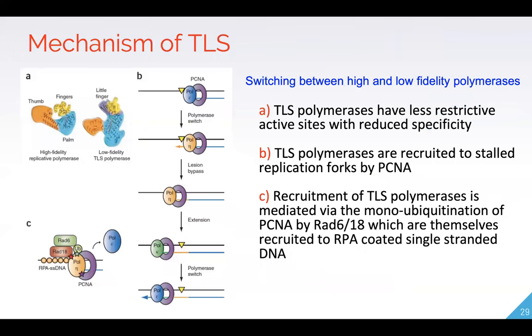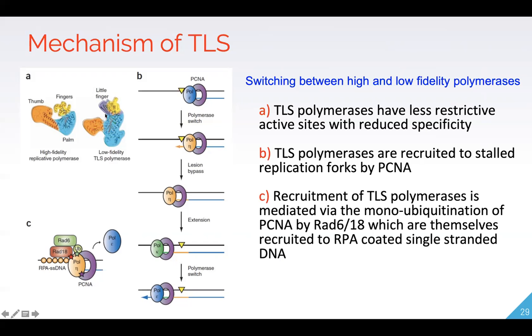The reason they're low fidelity is that their catalytic cleft is much more expanded. The high fidelity polymerases have a very tight catalytic cleft that can easily and nicely, with very high specificity, recognize the base against which they need to polymerize the DNA. Whereas the low fidelity enzymes have a much wider cleft that can accommodate any other base.